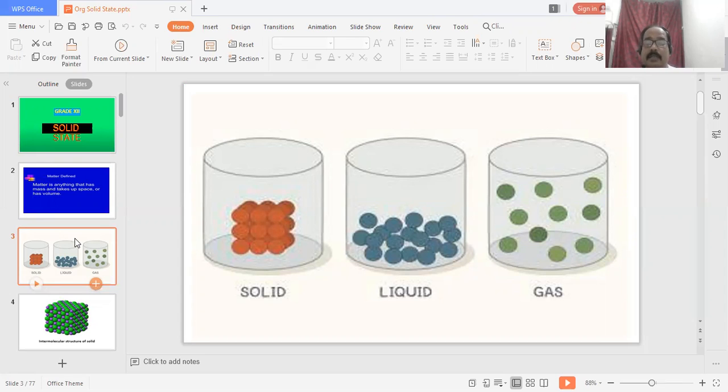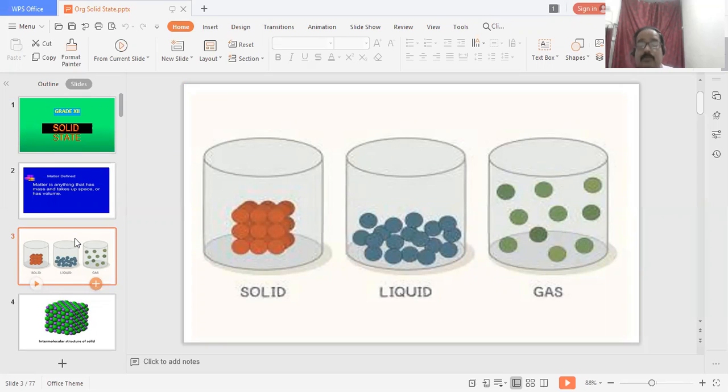In liquid, the intermolecular force is weak compared to solid but strong compared to gases, and in gas, the particles move fast, so the intermolecular force is very weak. This is the comparison of solid, liquid, and gas.